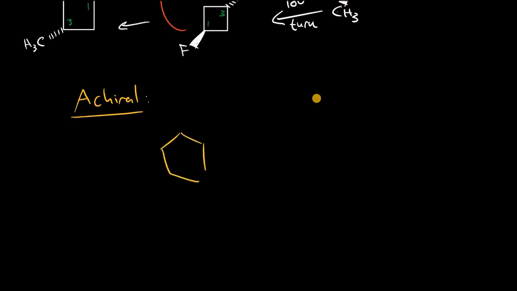I can have a cyclohexane, which is then bound to an OH up here, right here, and here. The key in looking for achiral compounds is often you'll find some sort of symmetry, even though it's not necessarily meso.